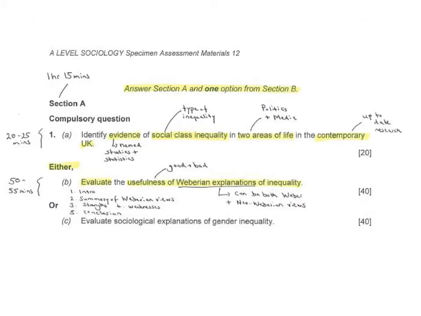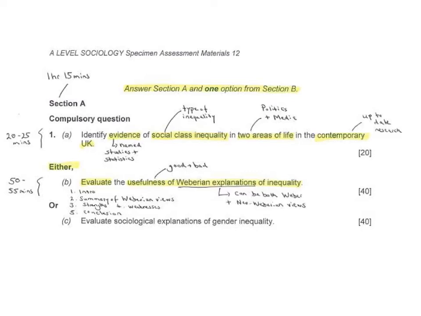What you can see on this slide is the layout for section A of the exam. What we're seeing on the screen at the moment is the specimen examination paper produced by the exam board for this unit. As I've just mentioned, I recommend that you spend an hour and 15 minutes in total on this section.